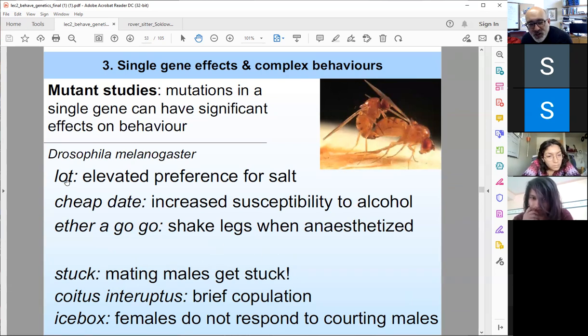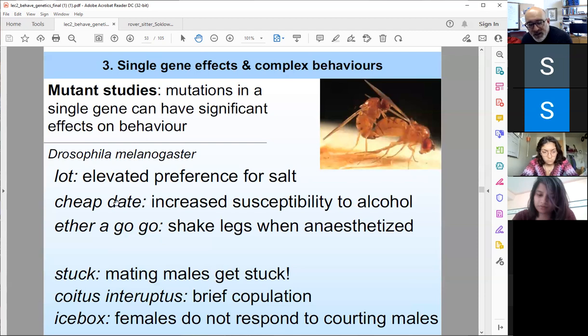In this case, there's one called Lot. This is a gene where a particular mutation leads to an elevated preference for salt. You may be familiar with the Christian Bible, where there's a story of Lot who is turned to salt. Then there's Cheap Date, which is somewhat misogynistic, I think, but it means increased susceptibility to alcohol.